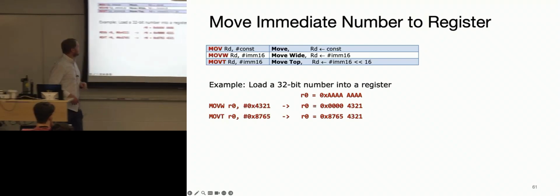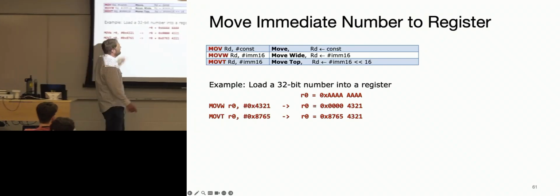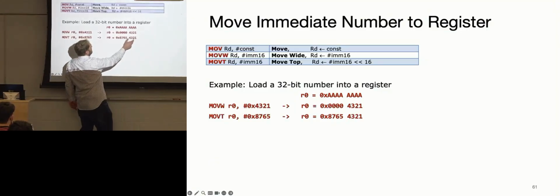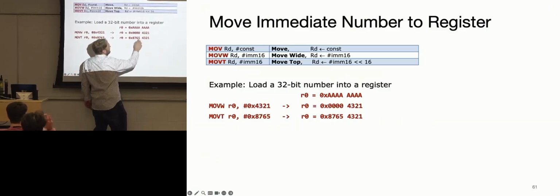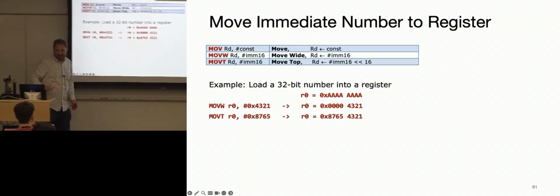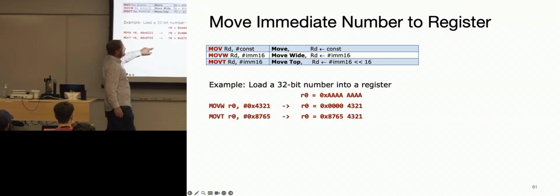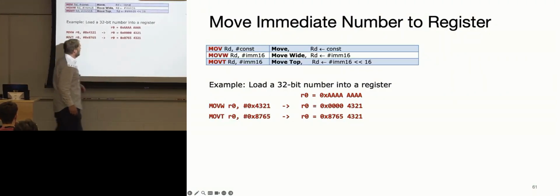Then you can do move top, and move top will preserve, right? It's not going to go and erase these values. It's going to preserve the lower bits. So it's a special operation that preserves these bits when you're writing that in. So now with 2 operations, you can get a 32-bit value in this register.